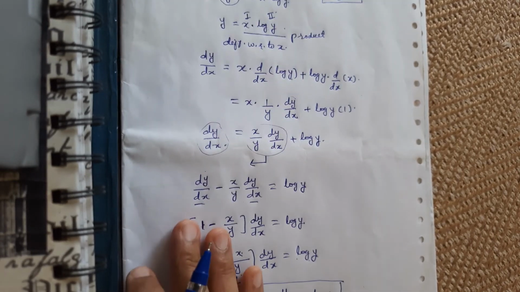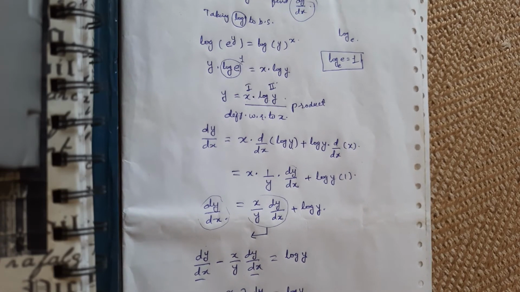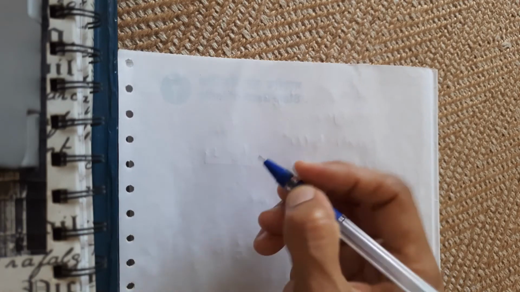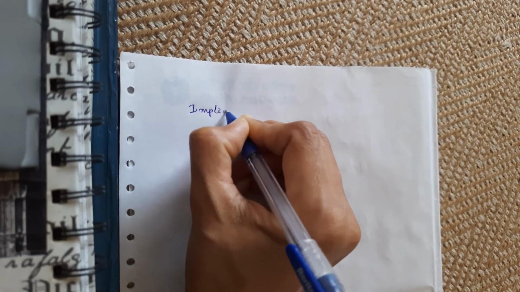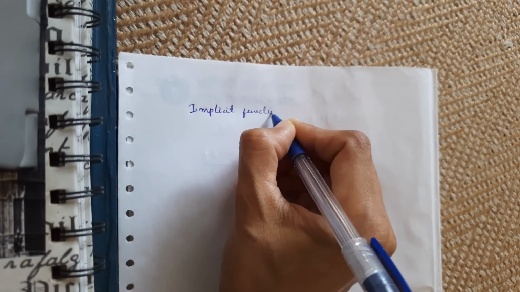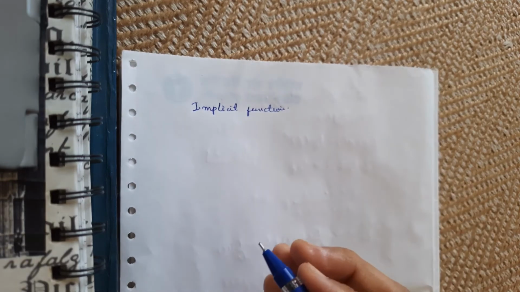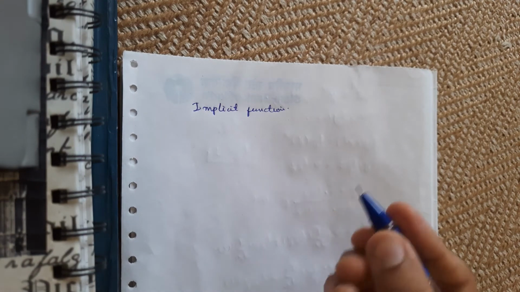Okay, now next we want to discuss the derivative of an implicit function. In the function chapter we have seen what an implicit function is. In an implicit function we cannot separate x and y onto separate sides.